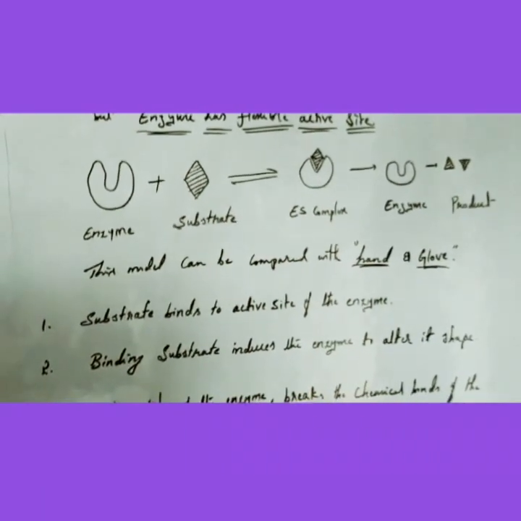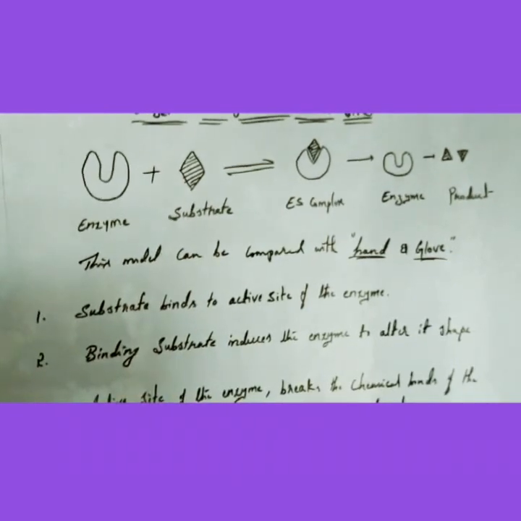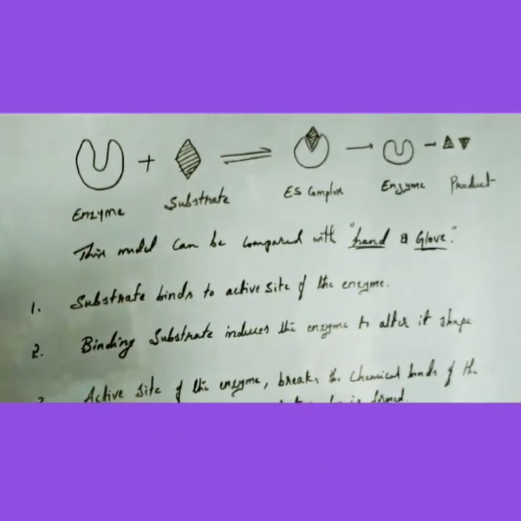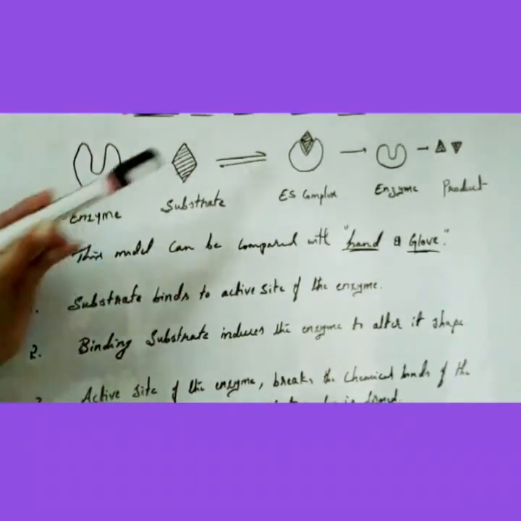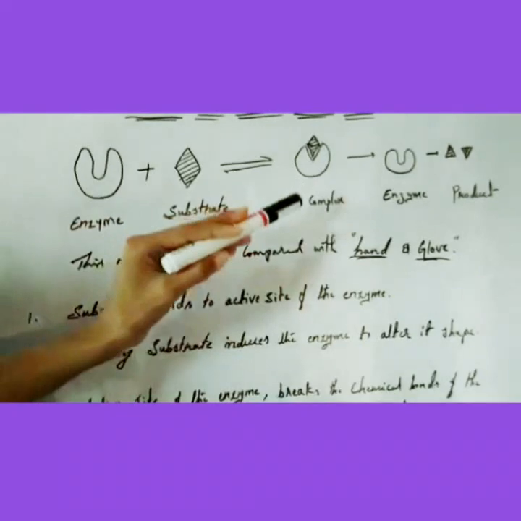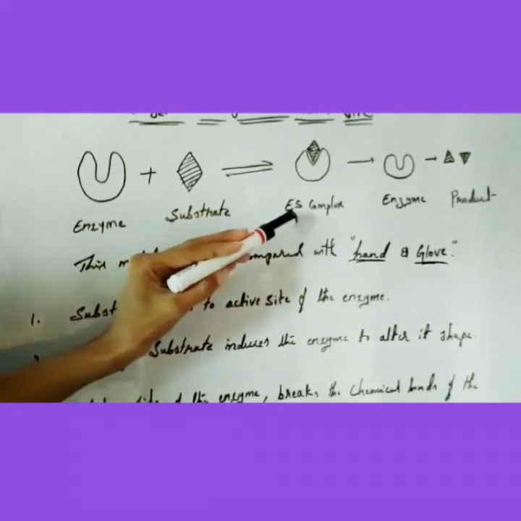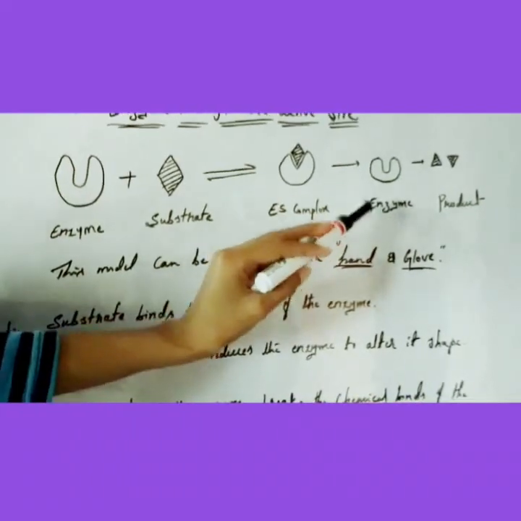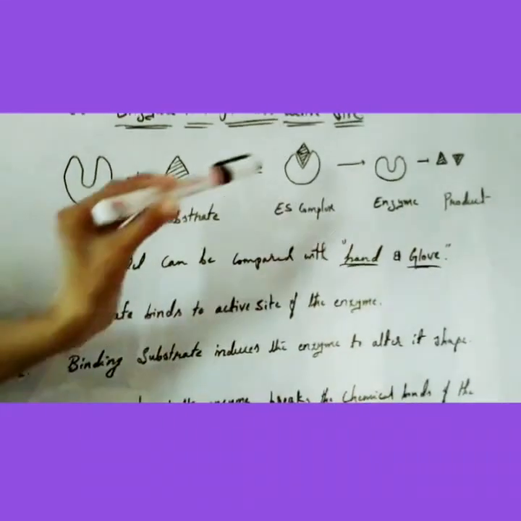This theory suggests that an enzyme undergoes a change in its structure when it reacts with a substrate molecule to form an activated complex, and the enzyme regains its original structure after the reaction.